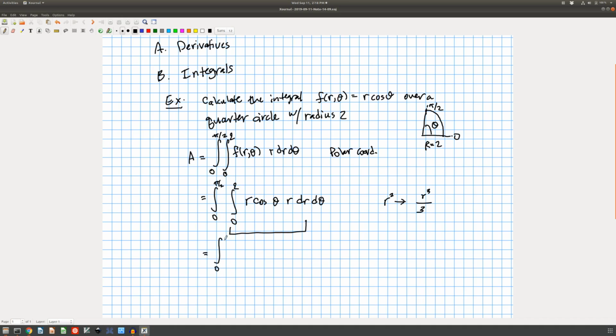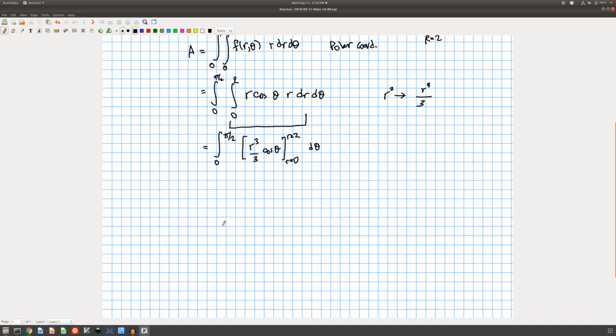So that will now become 0 to pi halves, and I'm going to put this in a bracket. I'm going to have r cubed over 3 cosine of theta, and I need to evaluate r at 2 and r at 0. And then this will still be inside d theta. Okay? So I can go ahead and evaluate that now.